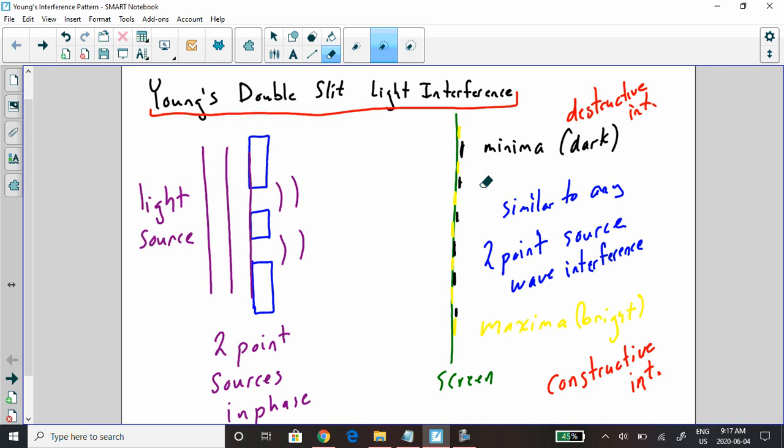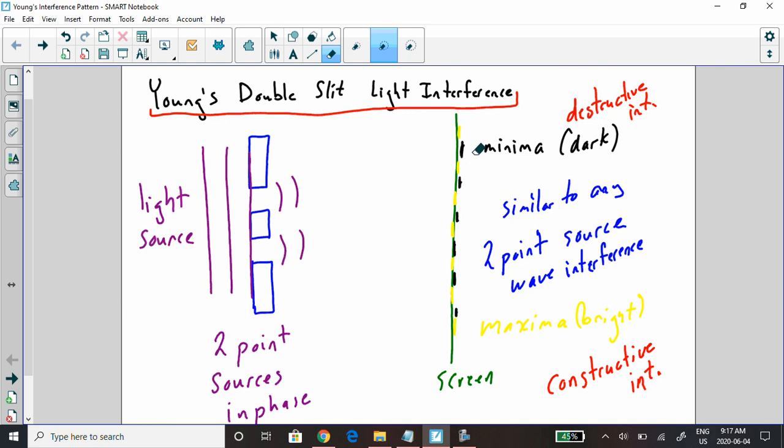Now, if you were to take a look at path length difference here for a minima, dark, destructive interference, there's still a path length difference from one source to the other source, right? This wave here had to travel a longer distance to get to this area of destructive interference than the wave from here, right?